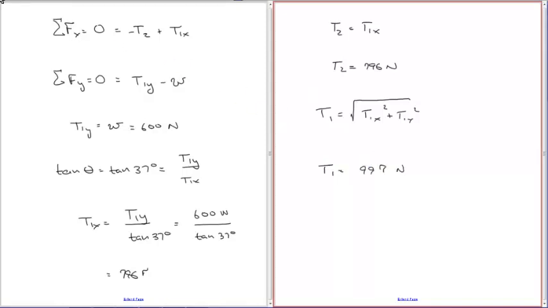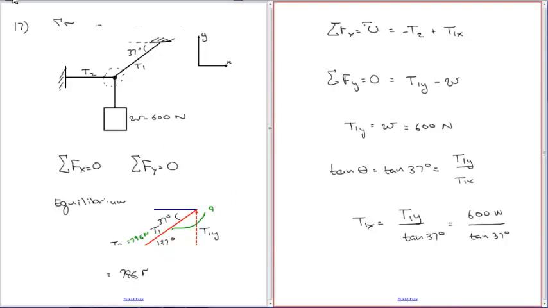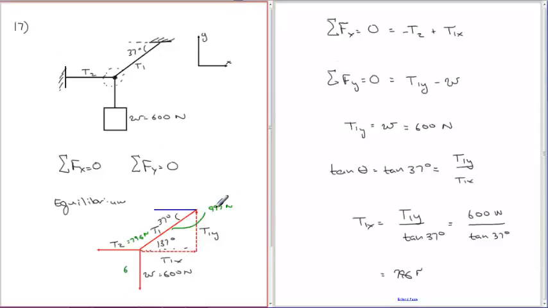So if we go back to our original picture here, we know that T2 is equal to T1x, which is 796. This cable is just going to be 600 newtons, 0 newtons. And then this one is 997 newtons.